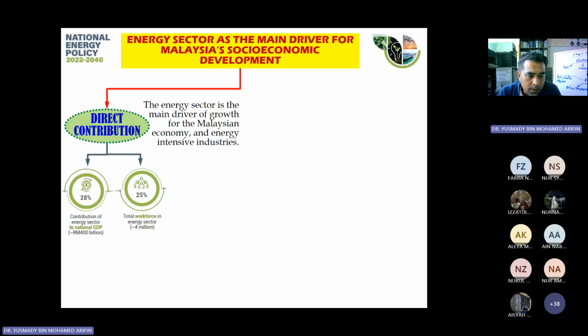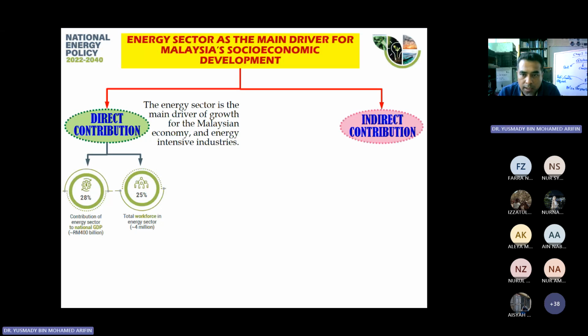And we have a total workforce in the energy sector of around 4 billion, in terms of percentage around 25%. So this is the increase of the total workforce in the energy sector if we implement the National Energy Policy.